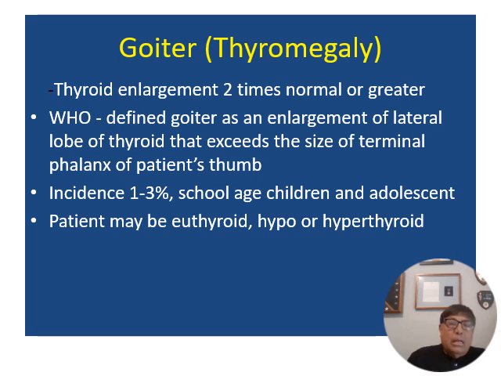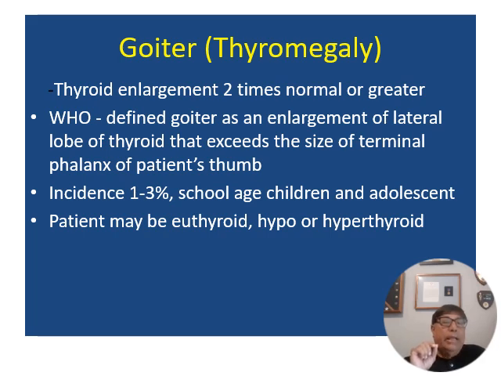Then what is the definition of thyromegaly or goiter? In general, if we discuss thyromegaly, people will say that it is enlargement of the thyroid gland to 2 times the normal or greater.